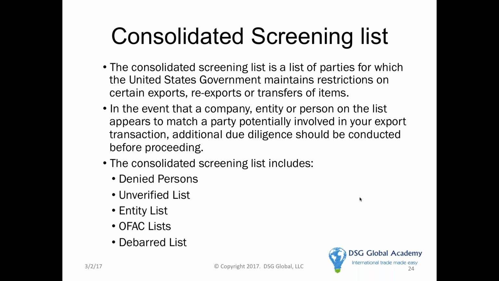And the consolidated screening list is one huge CSV file, which you should either download if you don't have this software already. There are many third-party software out there that do the screening for you against your customer or sales database. I'd only recommend that if you do multiple exports a day, right, where it's not possible to do it manually.